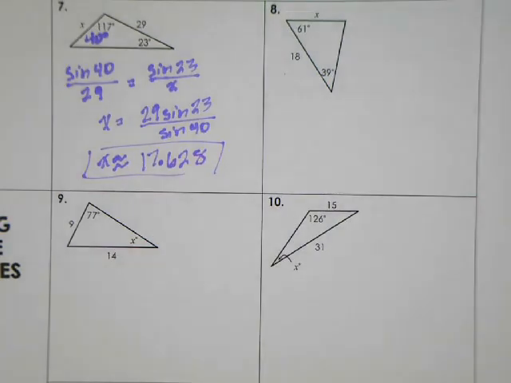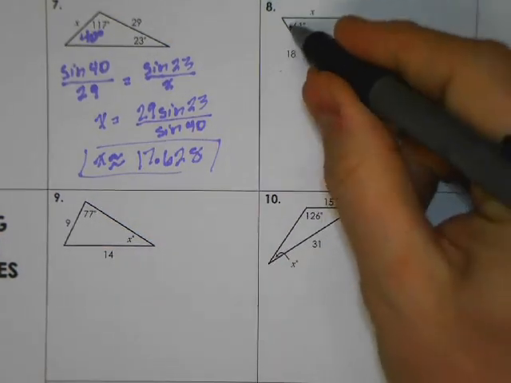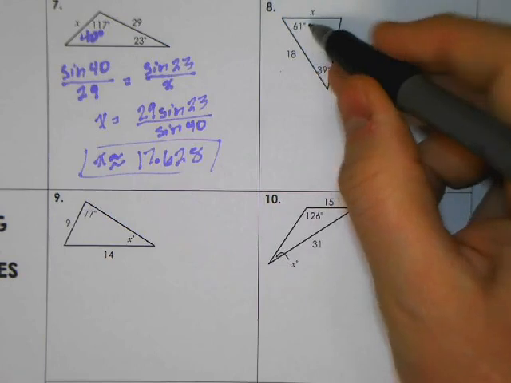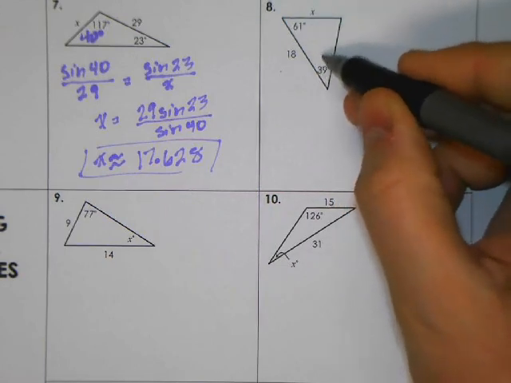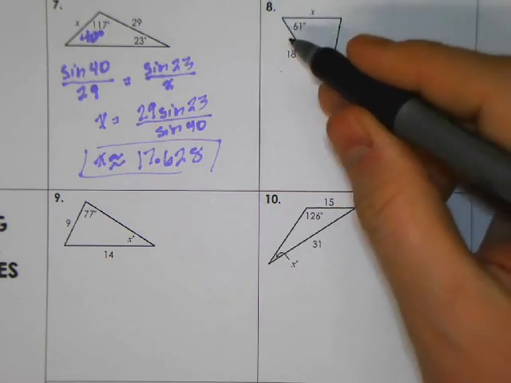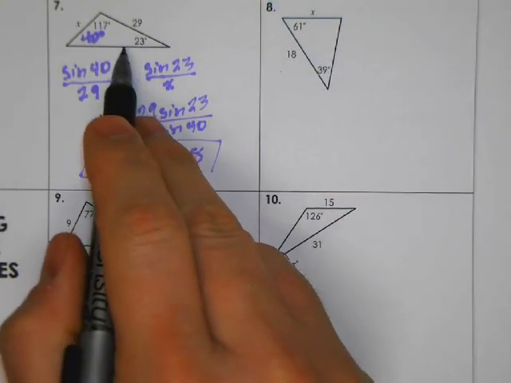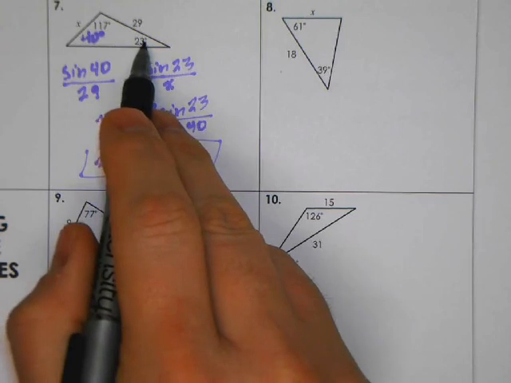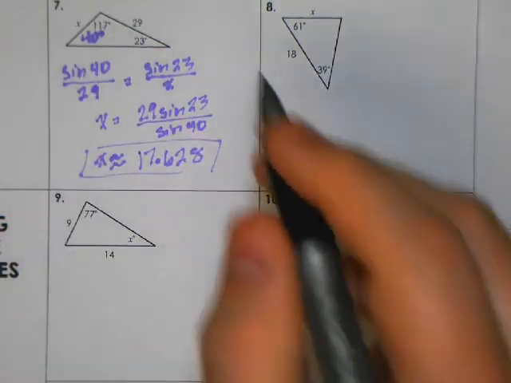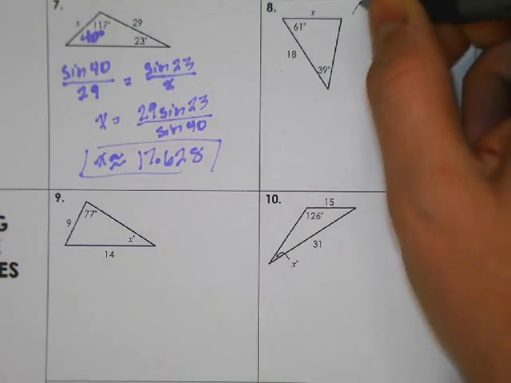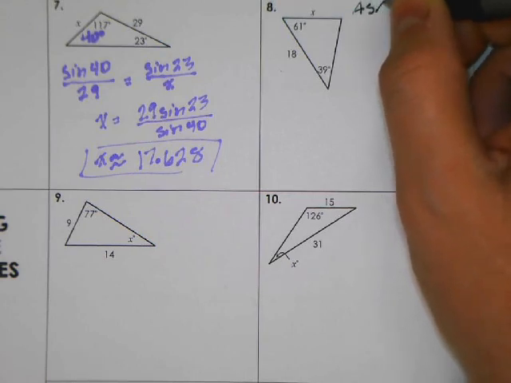Moving on to the next one, number 8. Here again, we have angle, side, angle. I don't think we had angle, side, angle in the last one. Here we have an angle here, a side here, and an angle here. So we are using the angle-side-angle combination here.